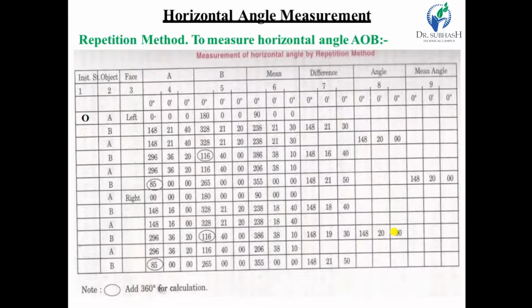After another repetition, we get 85. From that, we get all the readings and get the mean and the difference. So we get the accurate result by using both faces and adding the number of repetitions.